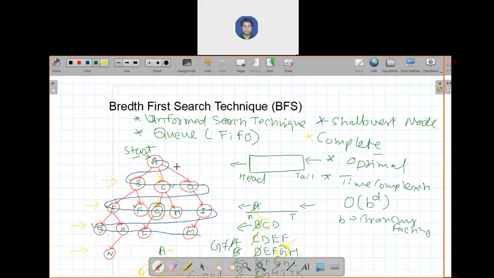Branching factor is nothing but from one state, how many paths are possible. Here, as you can see, from state A, there are 3 paths. From state B, there are 2 paths. From state C, there are 2 paths. From D state, 1 path.